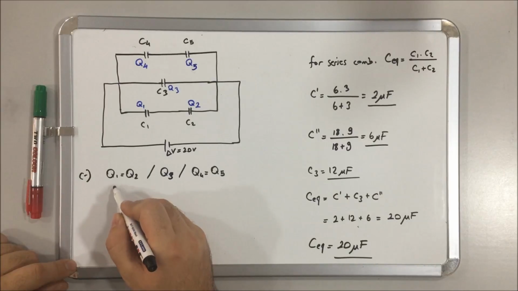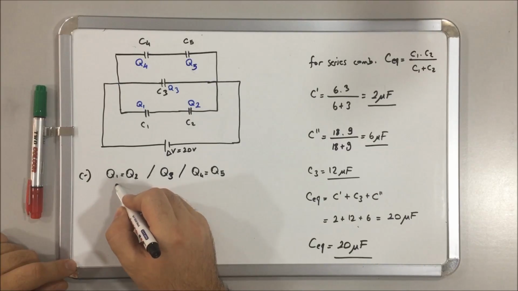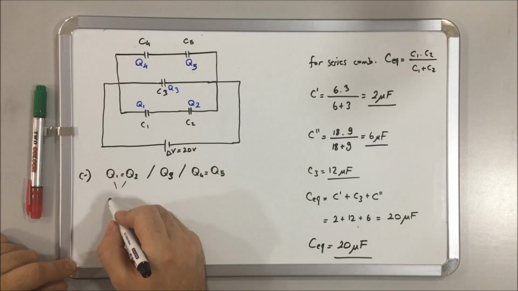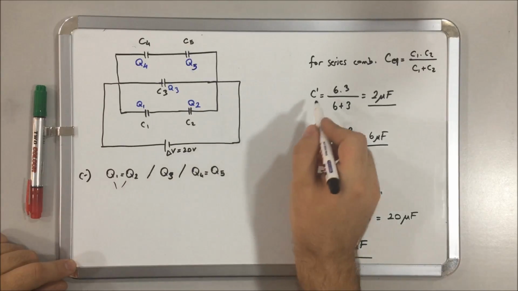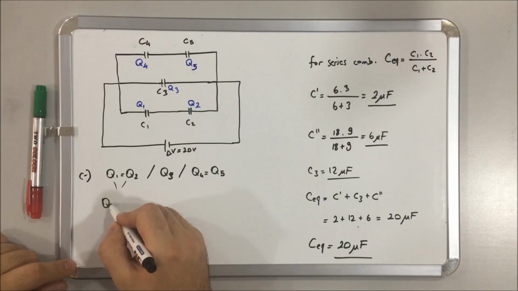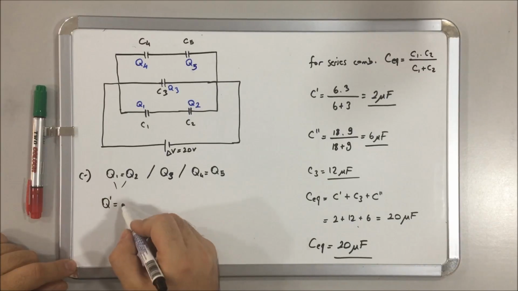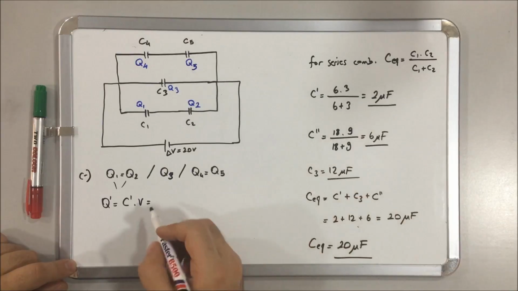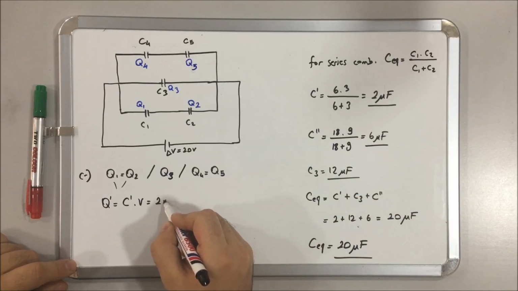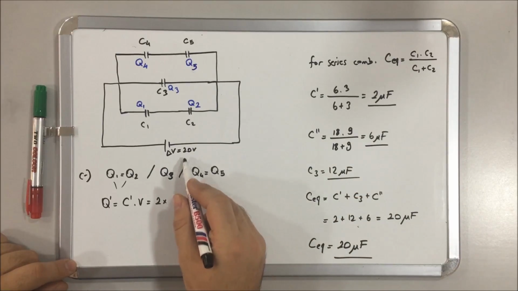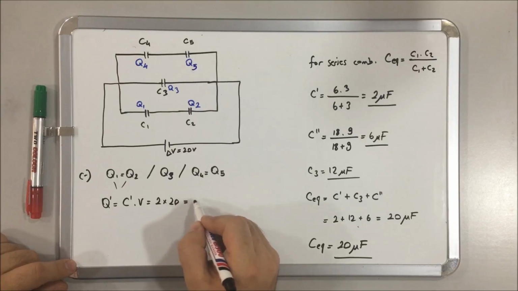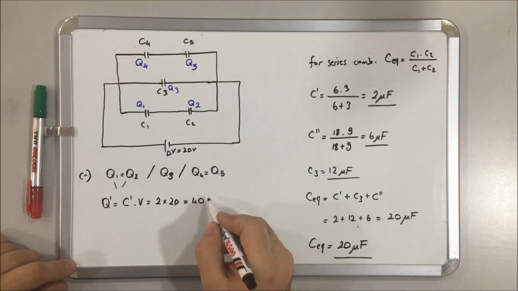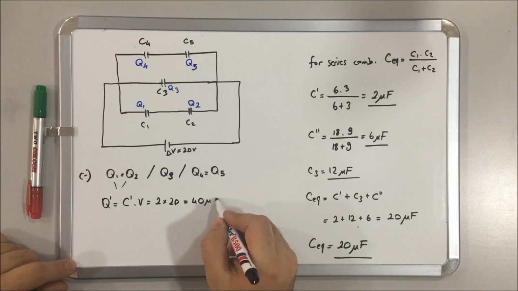To calculate Q1 and Q2, I have to calculate their equivalent. So I have to calculate Q prime. Q prime is equal to C prime times V, and C prime is 2 times delta V 20, which will be 40 microcoulomb.